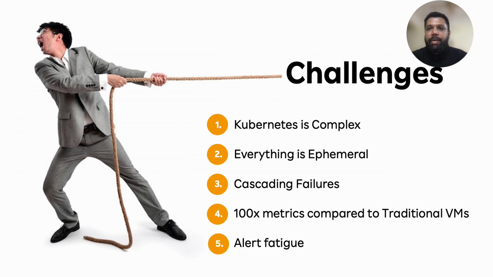Another major thing to consider here is cascading failures. Kubernetes operates in a distributed, interconnected environment where components and services rely on each other to function properly. A failure in one part of the system can lead to cascading failures, where downstream services are affected, causing a ripple effect throughout the cluster.